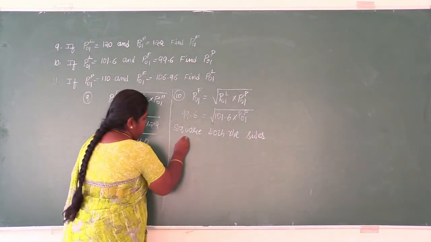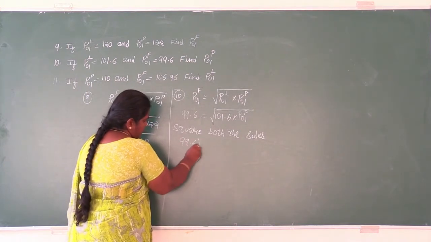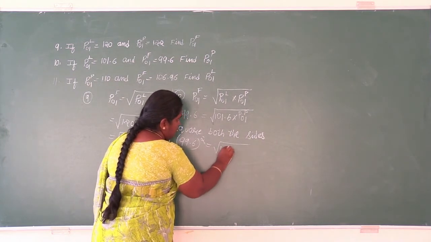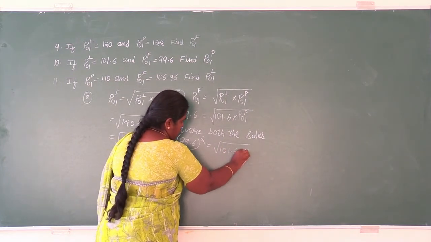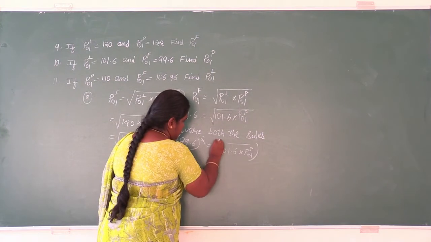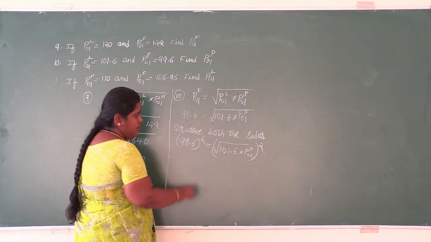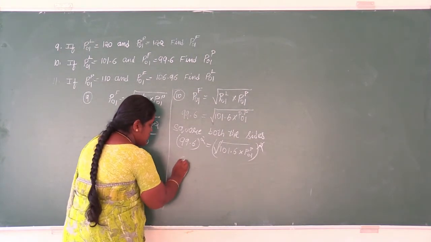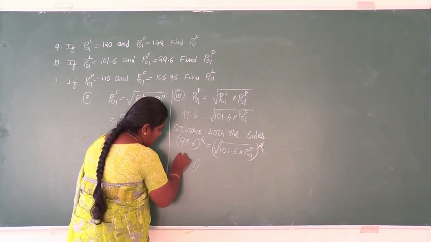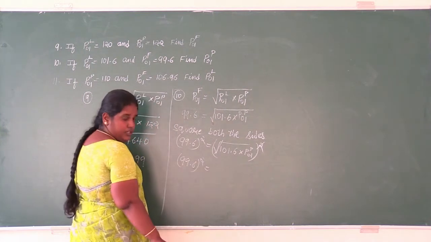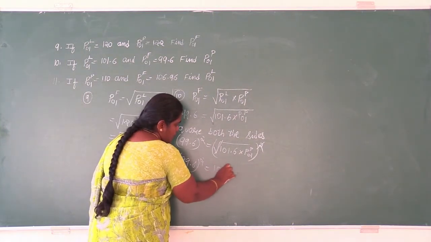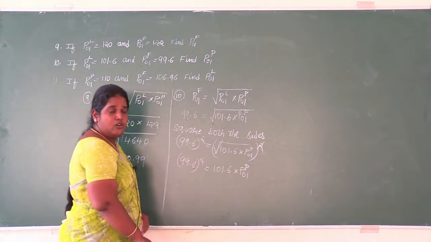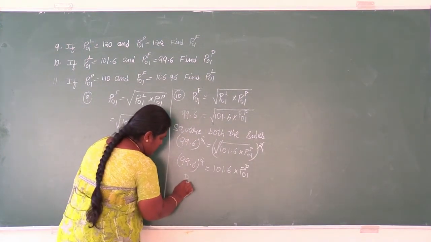So when we square both the sides, we'll get 99.6 square equals the square root of 101.6 into P01P, squared. So the square root and square will get cancelled. This 99.6 square we will write as it is, equals 101.6 into P01P.